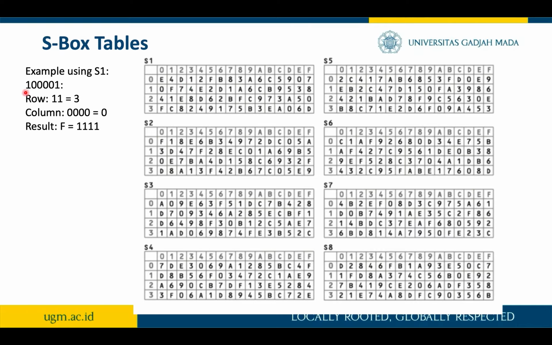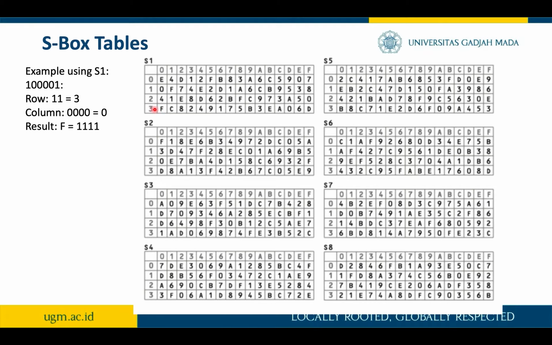In this case, since we have 100001, the first bit is 1, the last bit is 1, so 11 is 3. Then we will use the third row in the S box. For the column, we will make use of the bits between the first one and the last one. So it will be 0, 0, 0, 0. 0000 is 0. So we will see the 0th column.